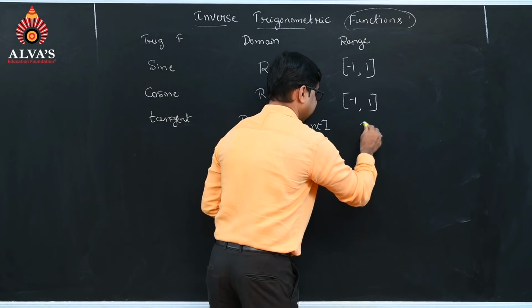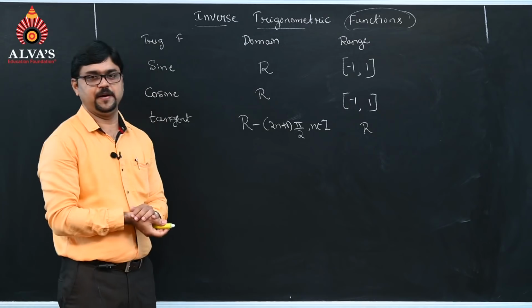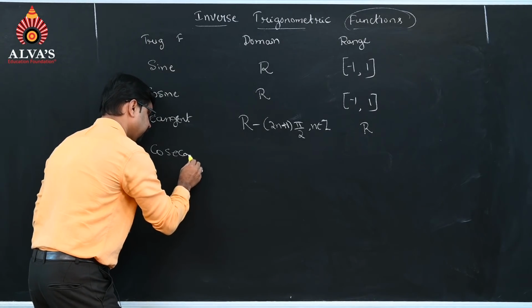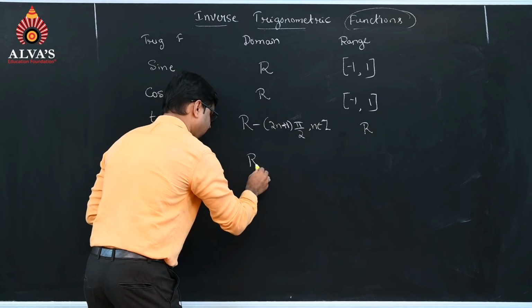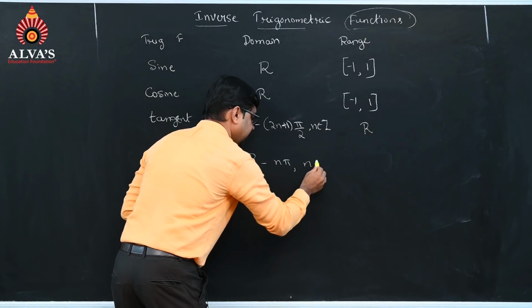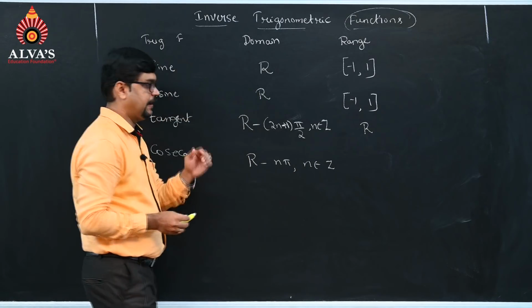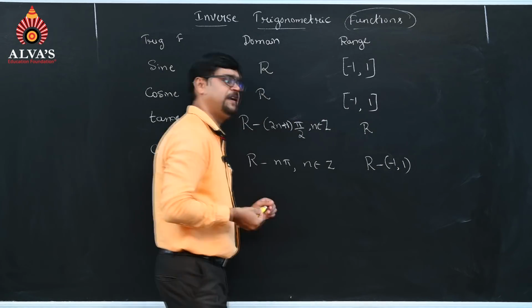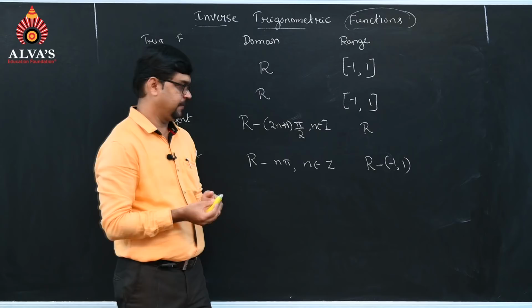And here the range is the complete set of real numbers. Next one is the cosecant function. Its domain is the set of all real numbers except n pi, where n belongs to Z. And the range is the set of all real numbers except the open interval (-1, 1).